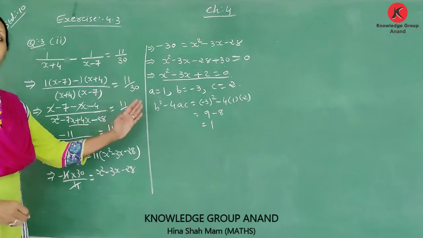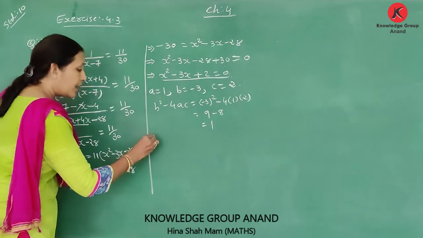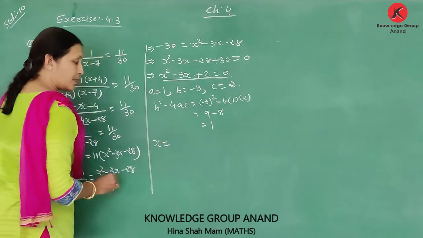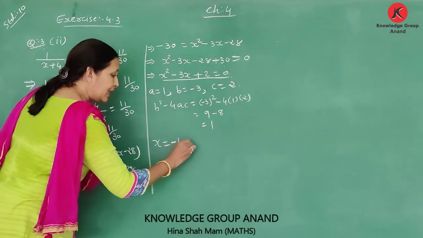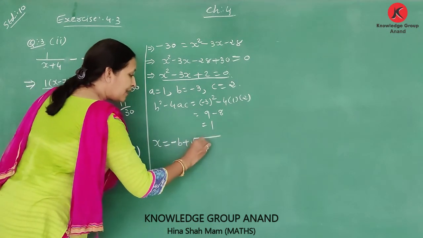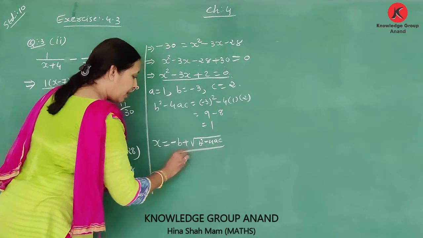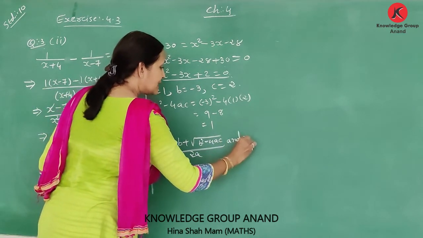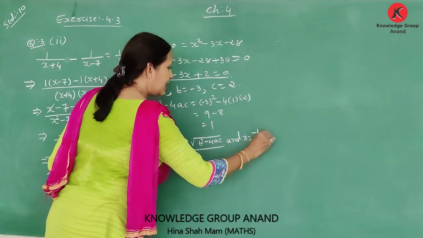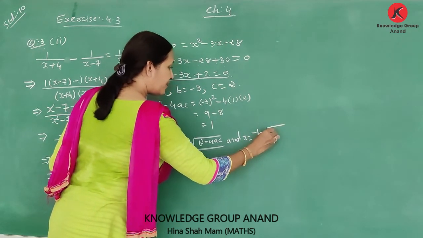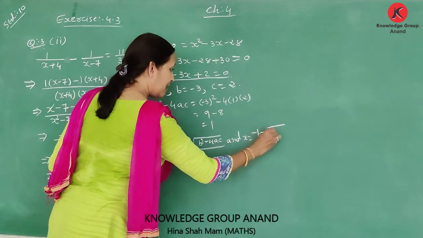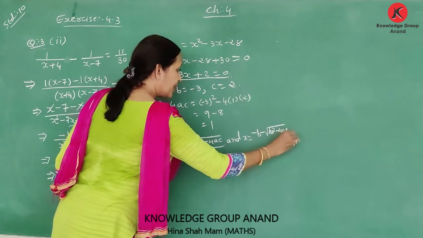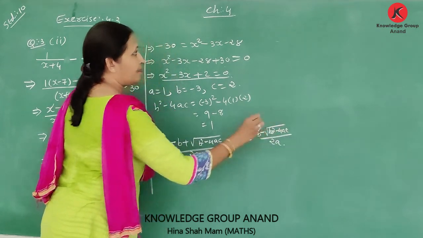Now what is our quadratic formula? x is equals to minus b plus under root b square minus 4ac upon 2a, and x is equals to minus b minus under root b square minus 4ac upon 2a.